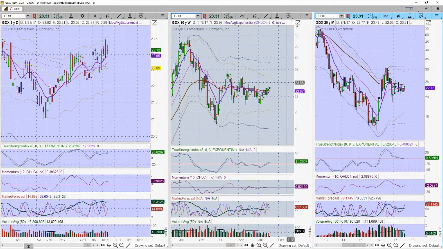a nice move, weekly, daily. Had a nice little internal move, but it's sloping up nicely. It too has kind of broken. It's either breaking or it's breaking out of this shorter term trend line. So one of the ways we can look at GDX.